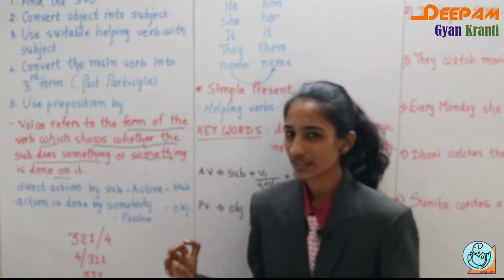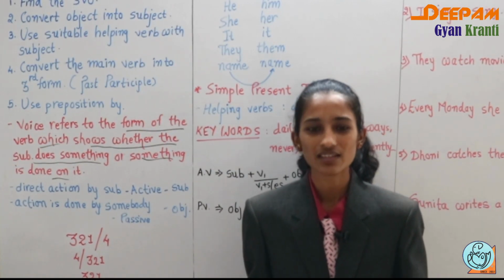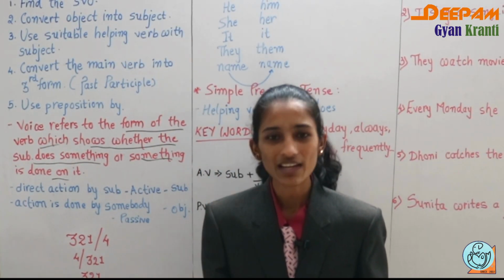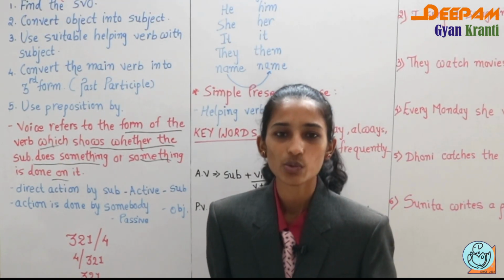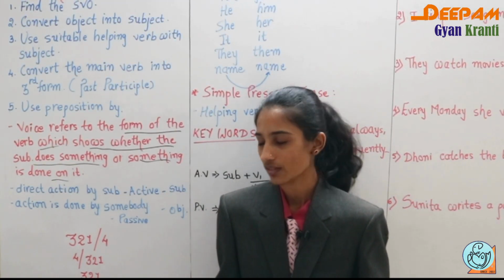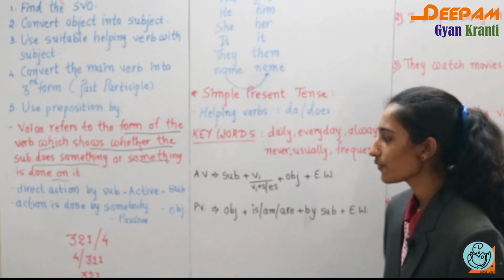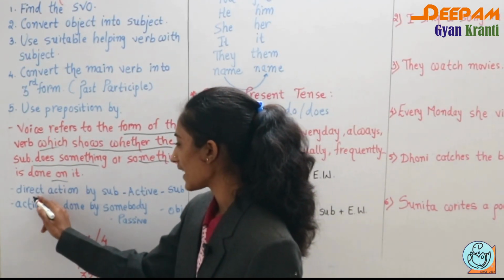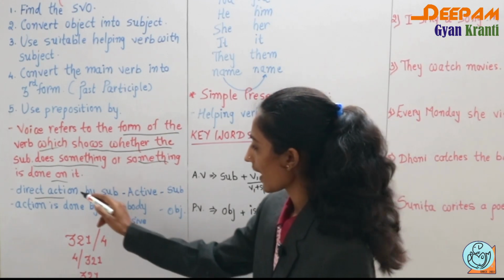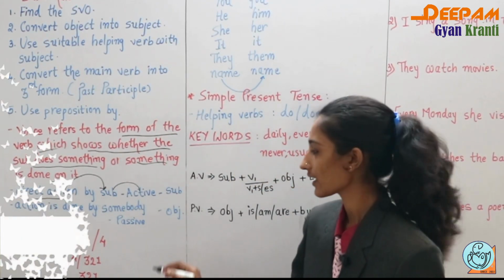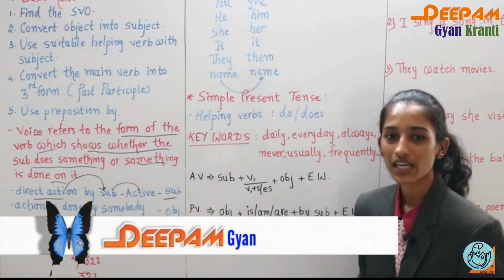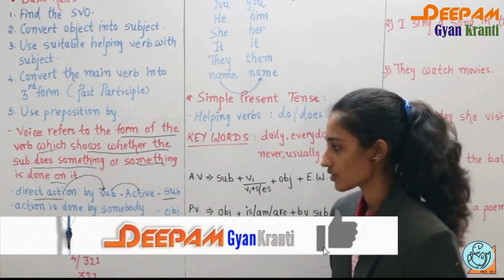You have to remember that, but no need to worry about all the things. Mostly we come to the point, so it is easy for you, no need to mug up the rules and everything. If we are talking about the direct action done by the subject, it is called active voice, and in active voice the subject plays an important role.